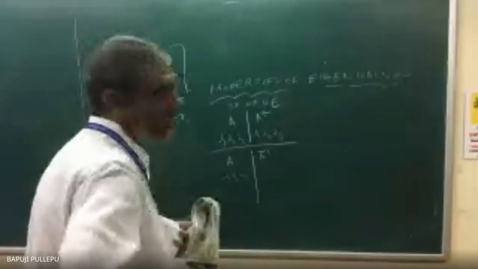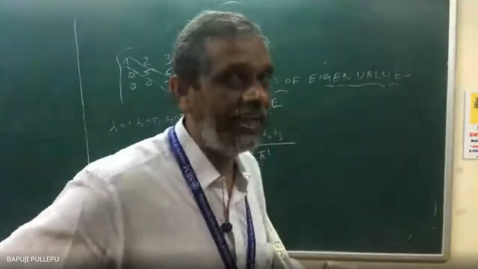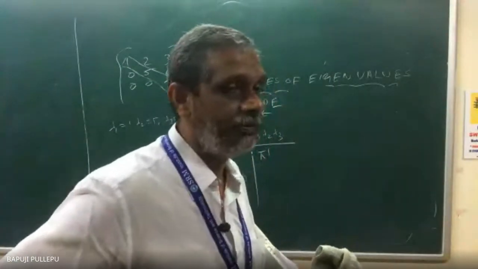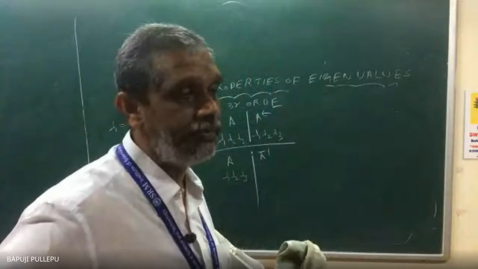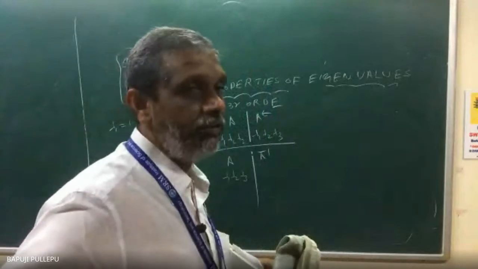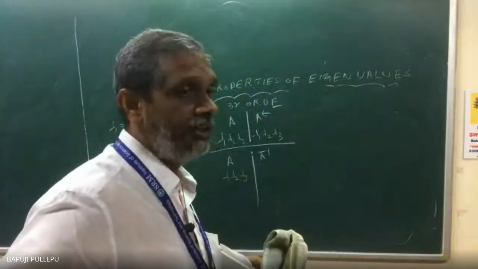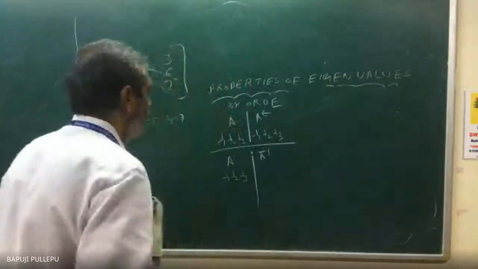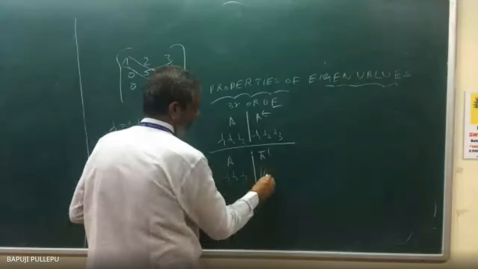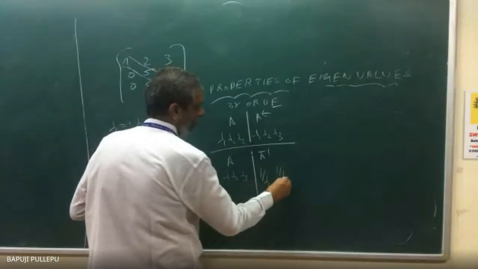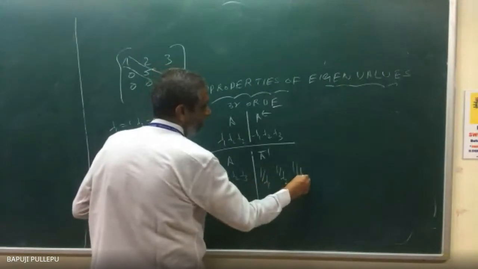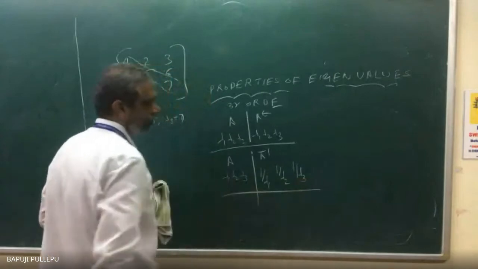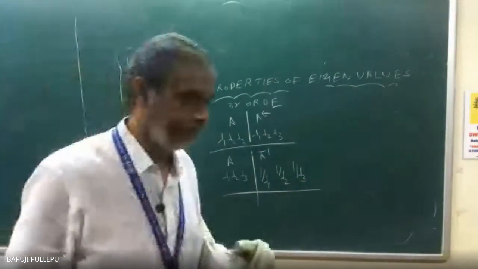But actually the matrix A inverse is not 1 by A. A inverse is adjoint A by determinant A, which you studied in lower standards. So the eigenvalues of A inverse are 1 by lambda 1, 1 by lambda 2, 1 by lambda 3. Sir, any problem?